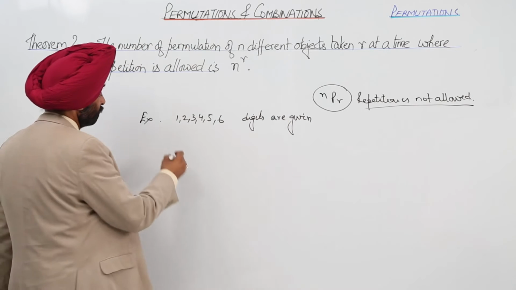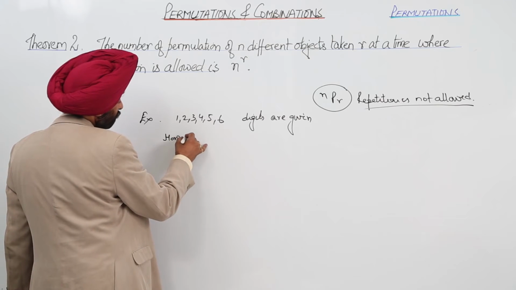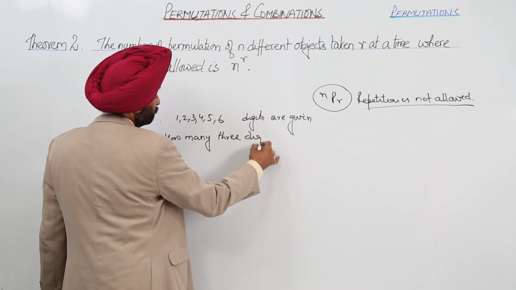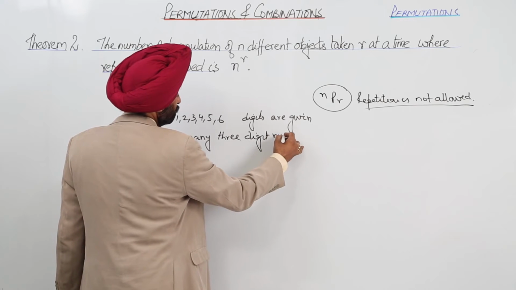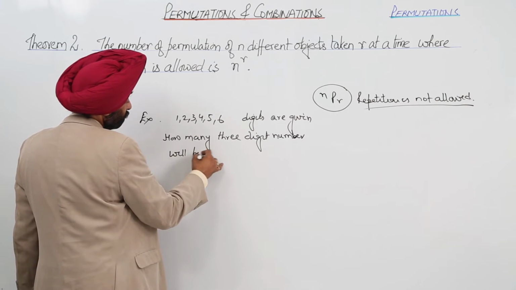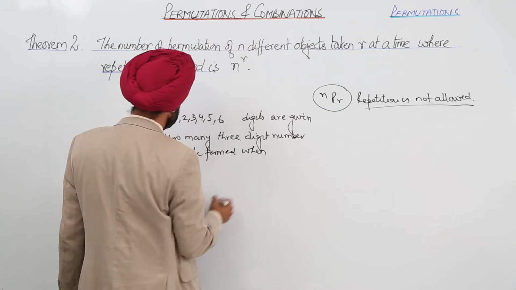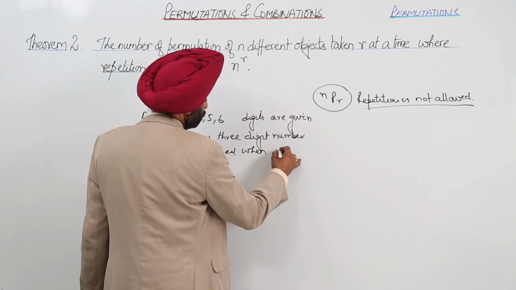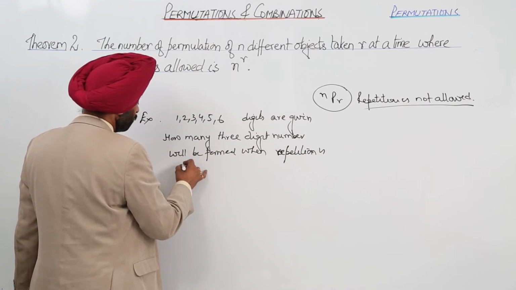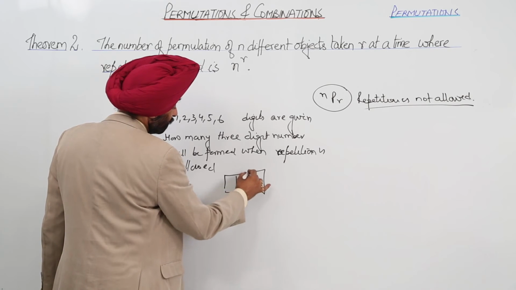Now how many 3-digit numbers will be formed when repetition is allowed? So we have to find 3-digit numbers when repetition is allowed.